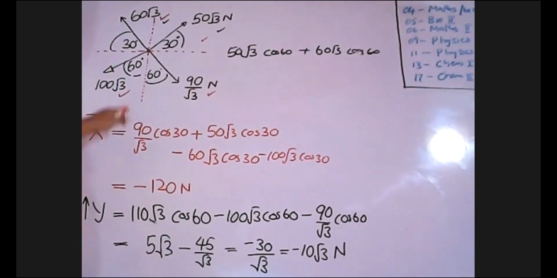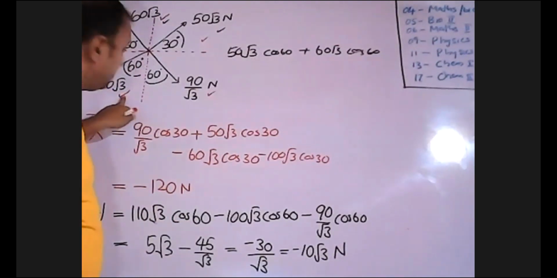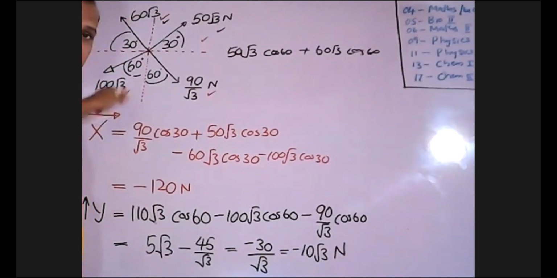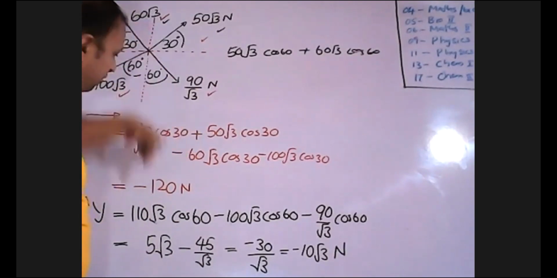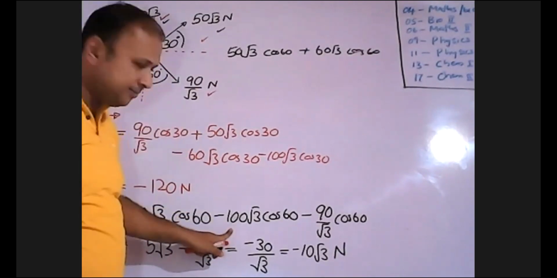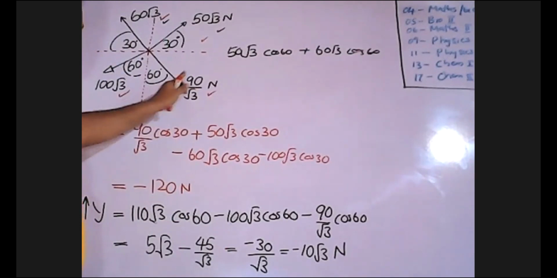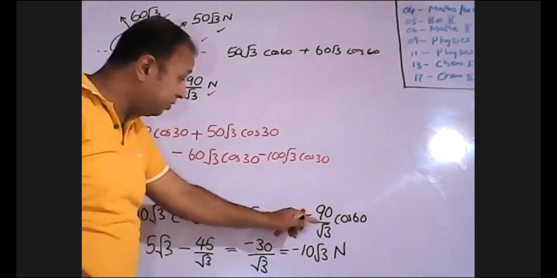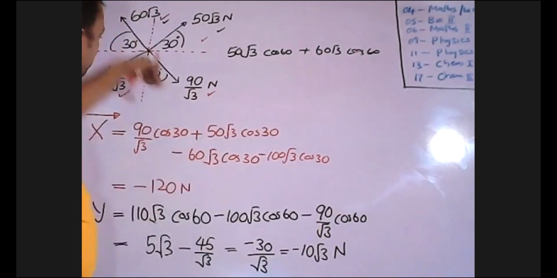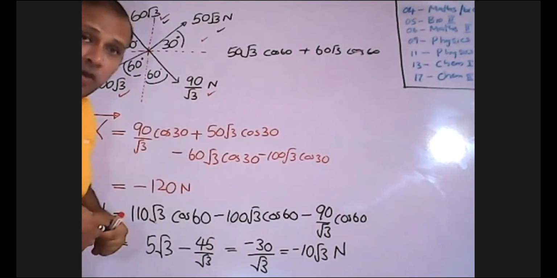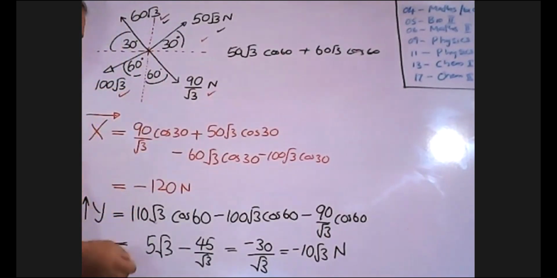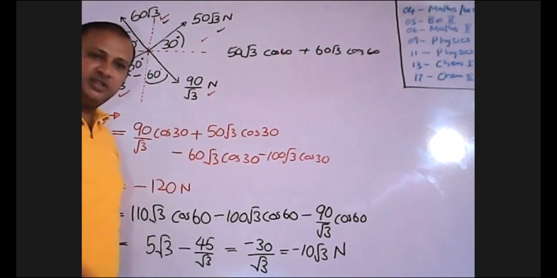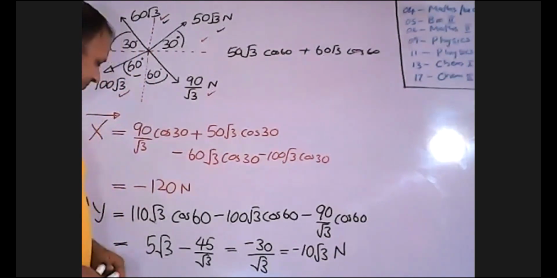Then go to this one. 100 root 3 cos 60, that is the downward direction. So it is minus. Then 90 over root 3 cos 60, it is also in the downward direction, so it is also minus. Then the simplification.